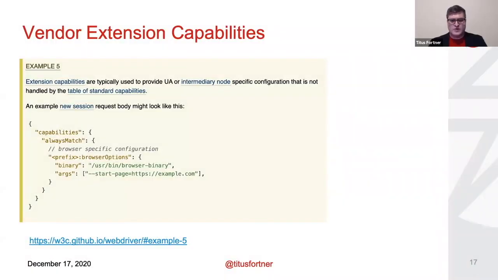So what about all of the things that you want to set in Chrome or in Firefox or on BrowserStack or on Sauce Labs? All of these things have additional configurations that need to be set at the beginning of a session, capabilities custom to the vendor. So they have this prefix: keyword that will store all of the key value pairs that you want to set for your capabilities.